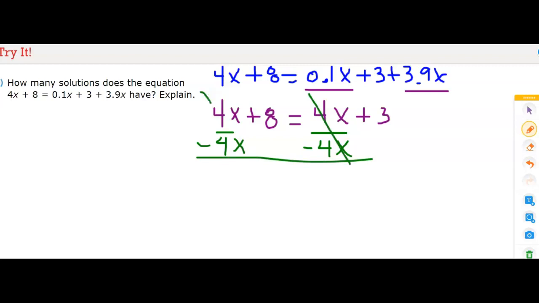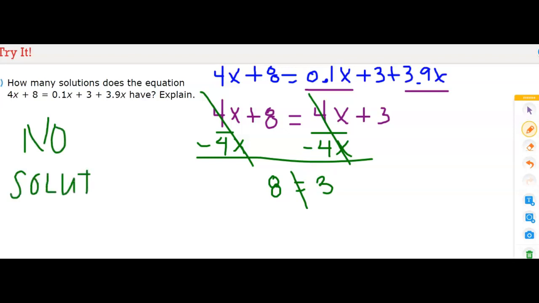Cancels out here. It also cancels out here. So we are left with 8 is equal to 3. However, 8 is not equal to 3, so we put that line over the equal sign, which means not equal to. So there are no solutions. No solutions for this equation.